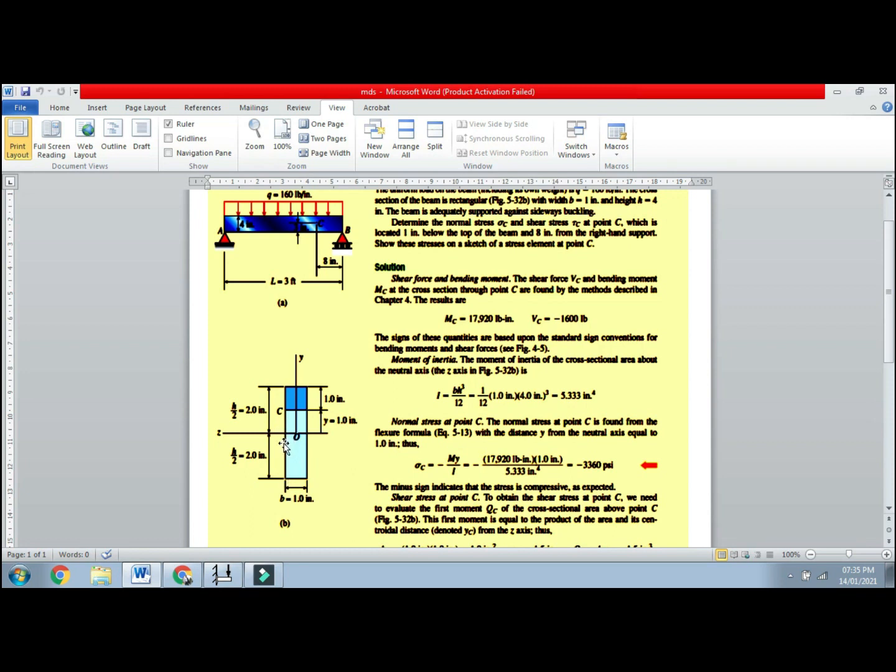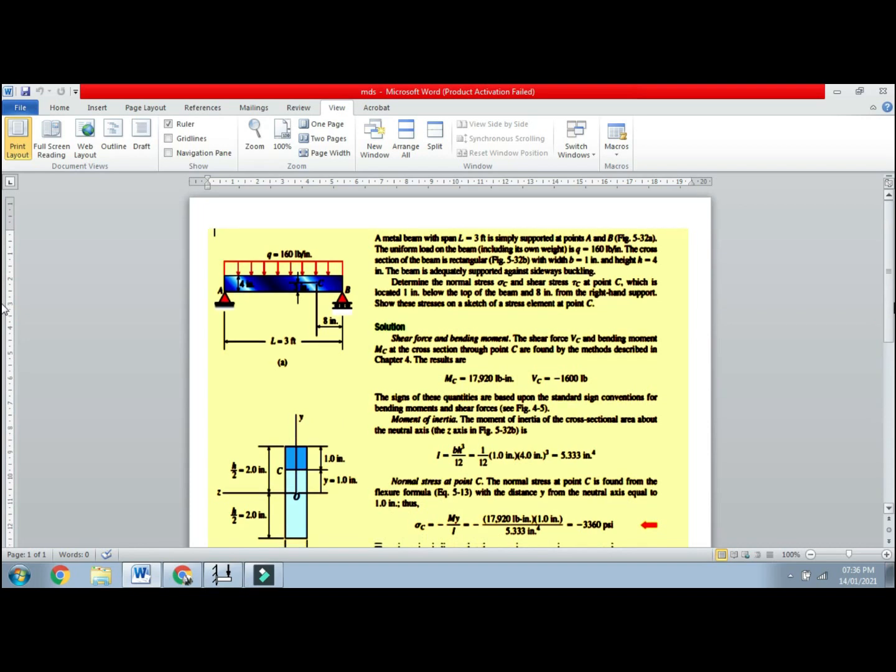We're going to take this as our respective area for determination of Q. As you know, it can be taken from the top surface or from the bottom surface, as I told you, but we're taking it from the top surface, and from the centroid it will be 1 inch. Okay, just a reminder, I have told you this before.